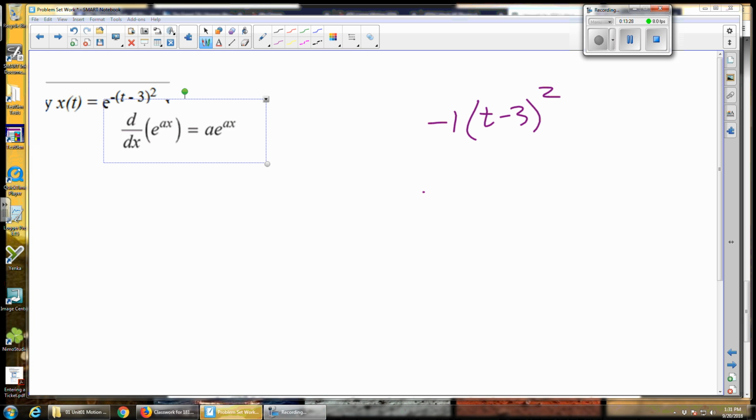So the derivative of just this exponent is negative 2 t to the minus 3 dt. Because I've got to bring the t down front, lower that by 1, and then I also have to do the derivative of the inside here, which is what gives me the dt. Because the derivative of t minus 3 is dt.